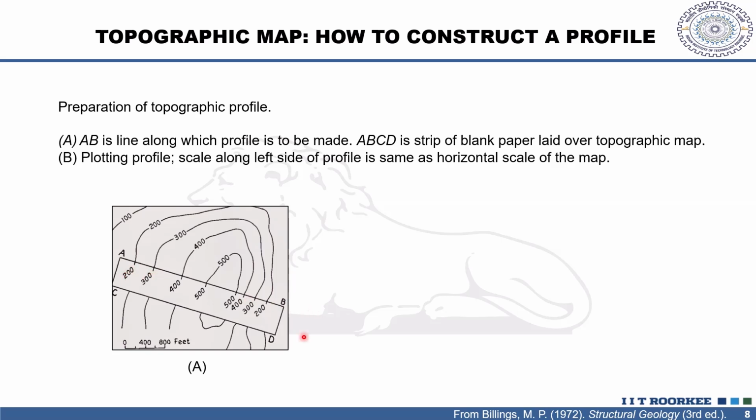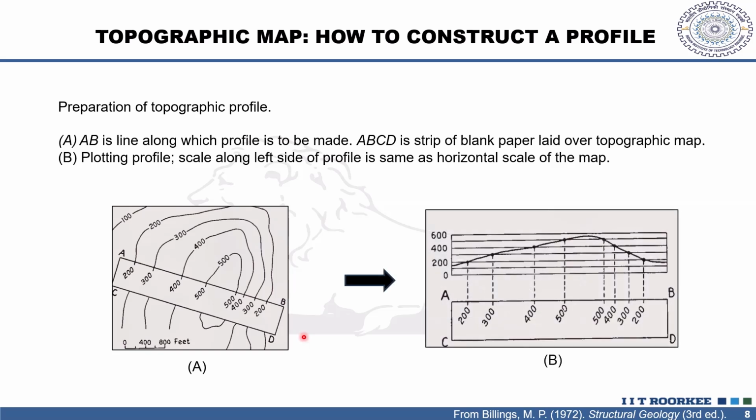On the left side of the profile paper, we set up a vertical scale that matches the map's vertical scale. Then we transfer the elevation marks from the contour intersections onto the profile. By connecting these points smoothly, we create the profile of the land surface along AB.